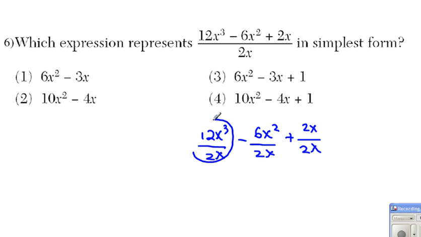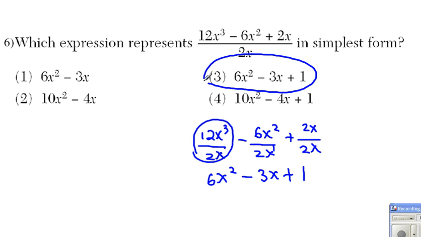And here, this portion becomes 6x squared minus 3x, because we have to subtract the exponent right here, 2 and 1. The last one is plus 1. And we will end up getting this one as our answer.